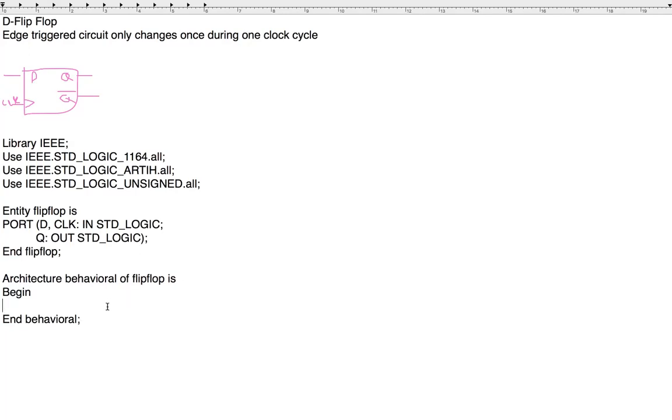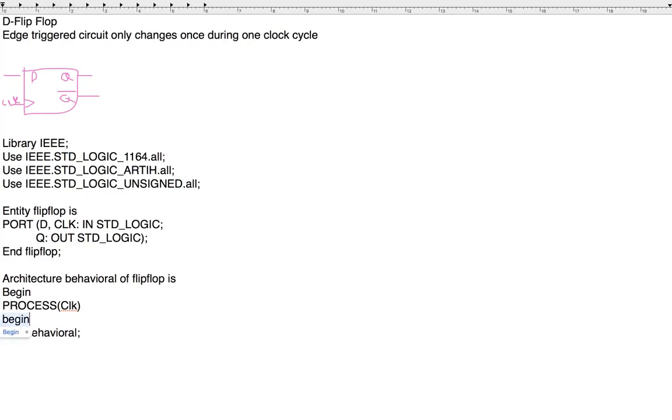Within it, we're going to have a process, because we're going to be watching the clock. When the clock is positive edge triggered, it's going to change the output. So whatever causes the output to change, we put in the process statement.